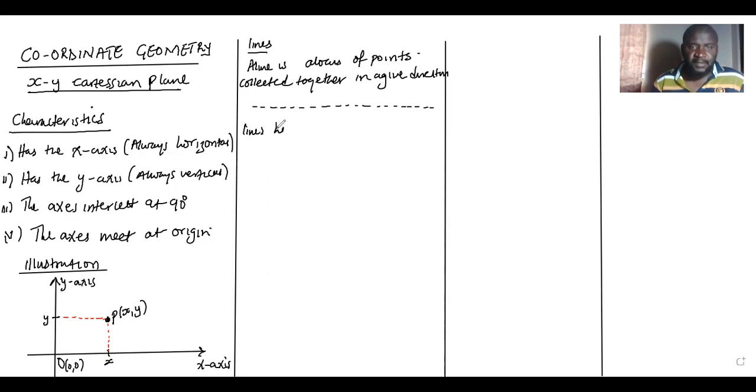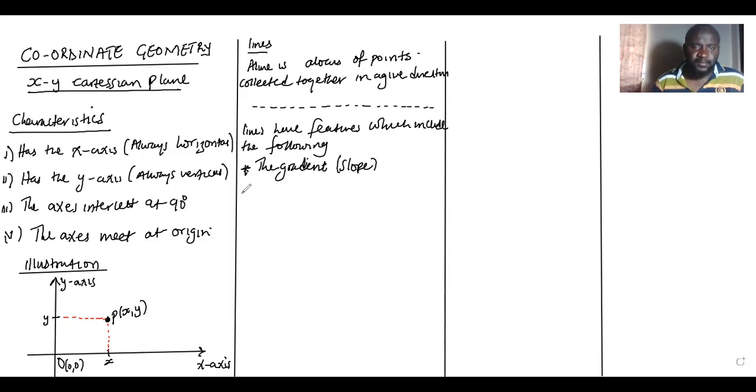So lines have important features which include the following. One, a line has what we call the gradient, and the gradient of the line is what we call its slope. Then 2, a line has what we call the Y-intercept.